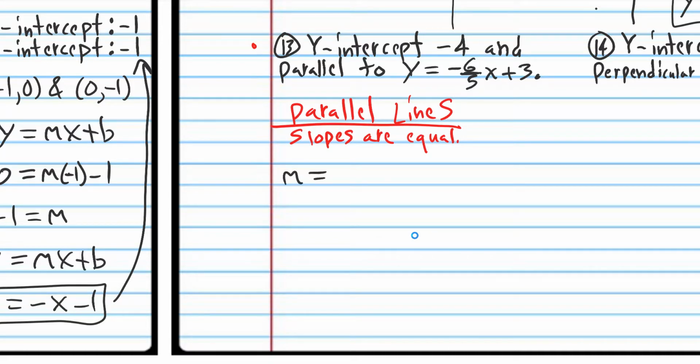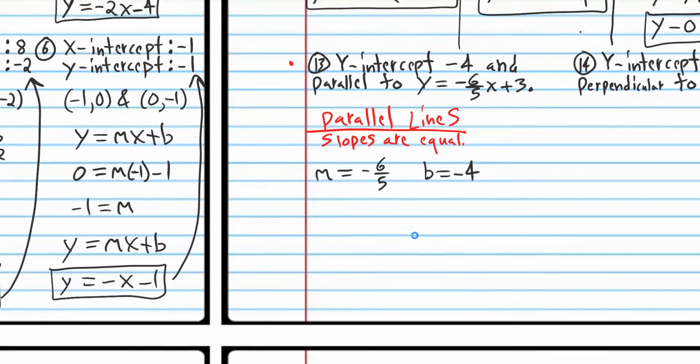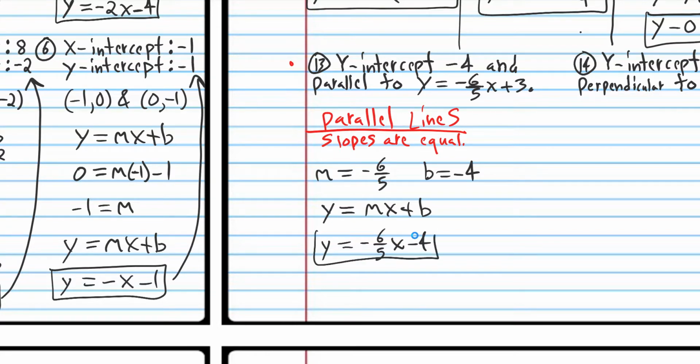So our slope is -6/5, and our y-intercept is -4, because we were told that. So if we have the slope and the y-intercept, then we can just write the slope-intercept form of the equation. So m is equal to -6/5, b is -4, and you're done. Very, very simple.